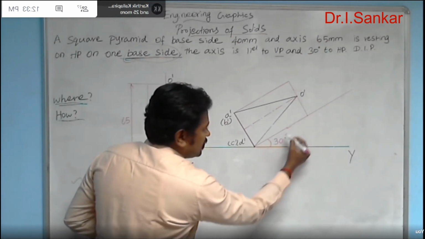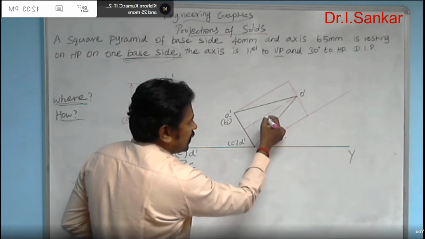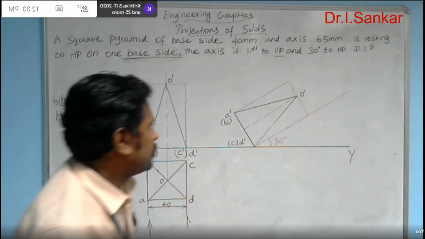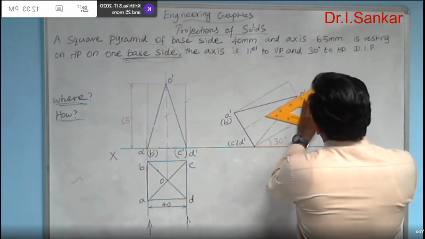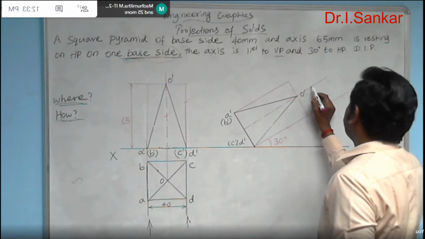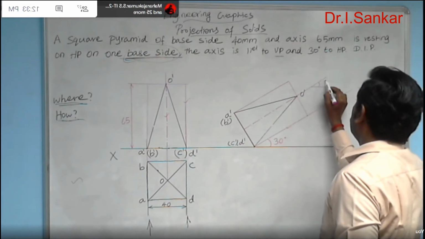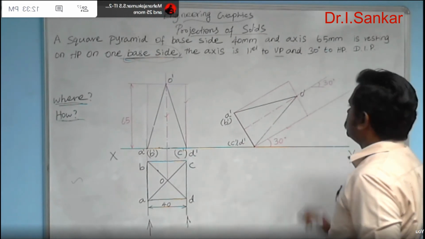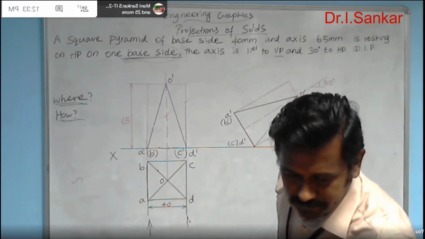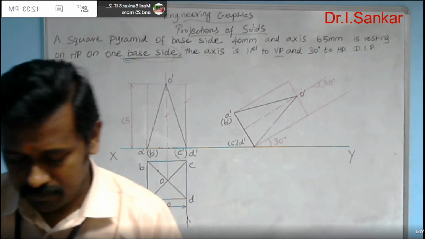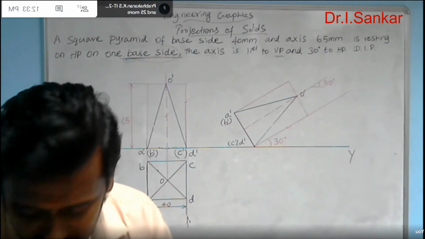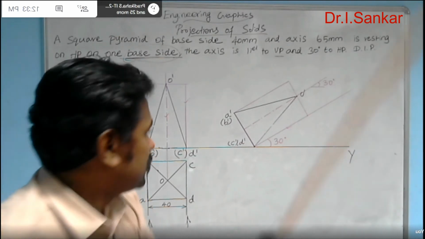When this line is inclined at 30 degrees, automatically the axis also becomes 30 degrees inclined to XY. That you can mention once again for the better understanding of the examiner also. No need, but mentioning is not wrong. The axis itself is 30 degrees inclined to HP. Immediately after that, you need to draw the projectors from the front view towards the top view area.